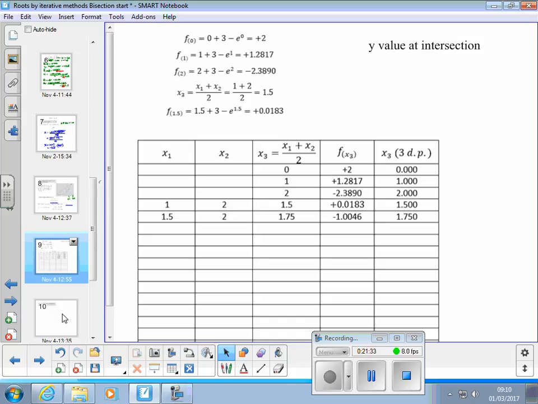So being between 1 and 2, that means the guess is 1.5, the result is positive, and the guess to 3 decimal places. There's no change of sign there, so I go to between 1.5 and 2, 1.75 there.